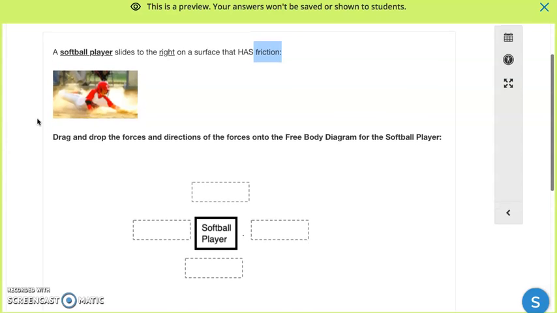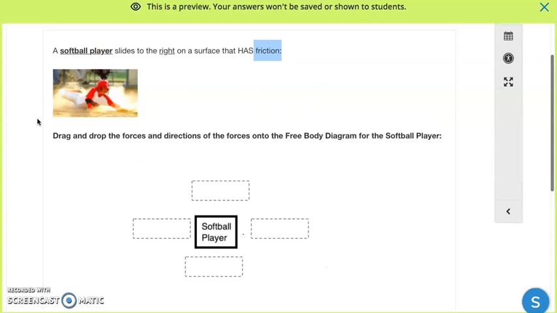And then the last thing to think about, and this is one that's really hard, is that the softball player, do they have something pushing them to keep going if they're sliding? If I take this pen and I slide it along my laptop, did I need to keep sliding it that whole time? My laptop is on my lap, it's like slanted.